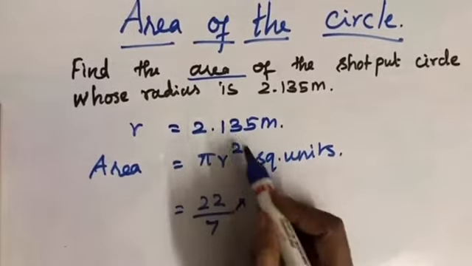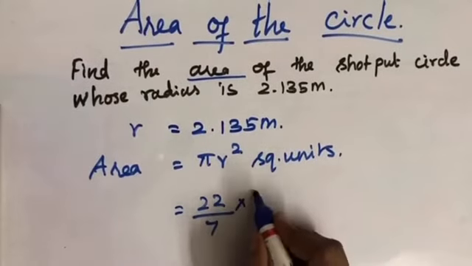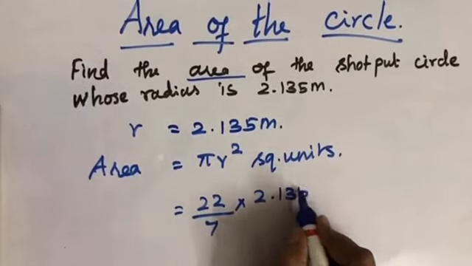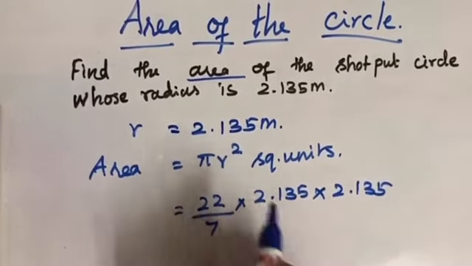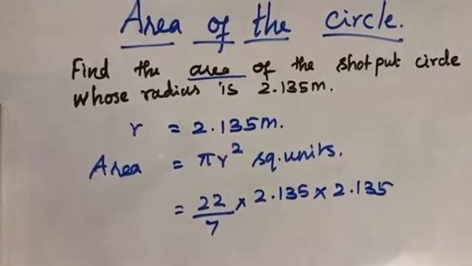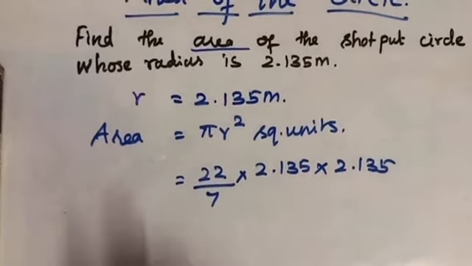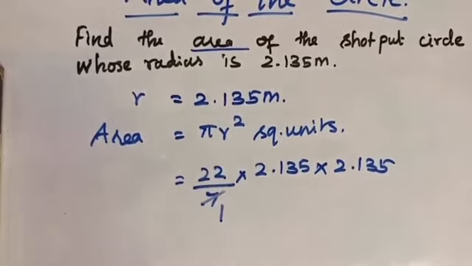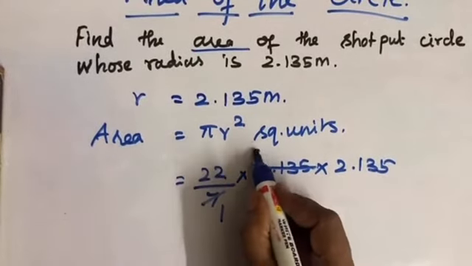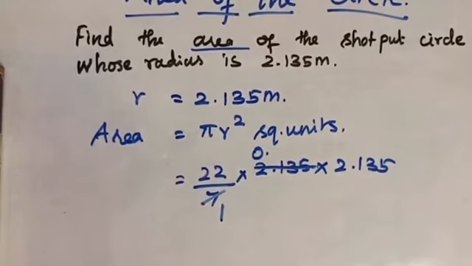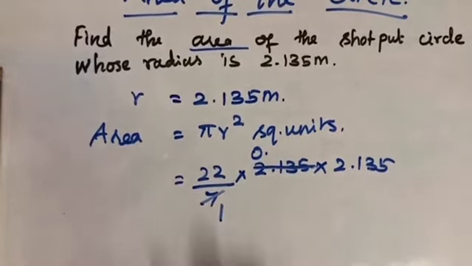R square means we have to multiply r 2 times. So, 2.135 into 2.135. Since it is squared, we have to multiply 2 times. Okay. So, now can we multiply? 1 7 is 7. Okay. So 0, 2 times you couldn't make 7.